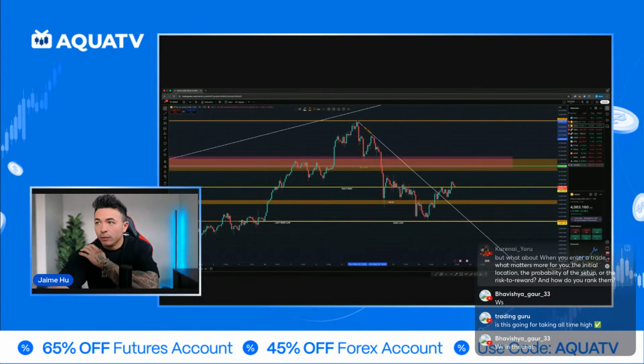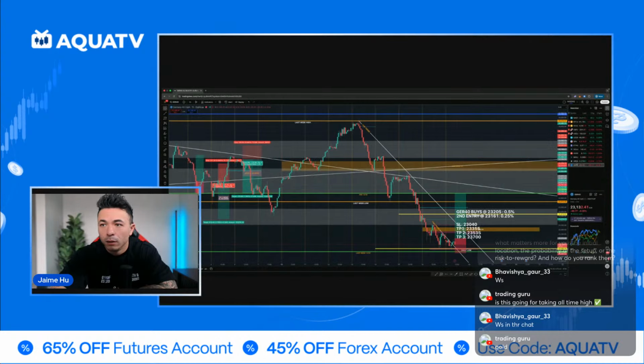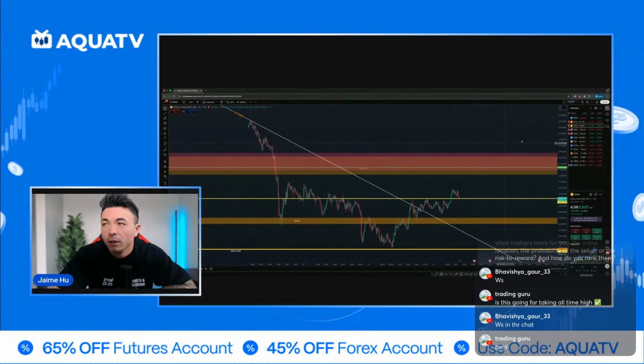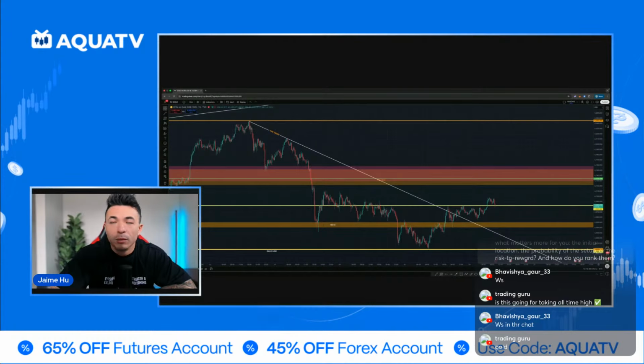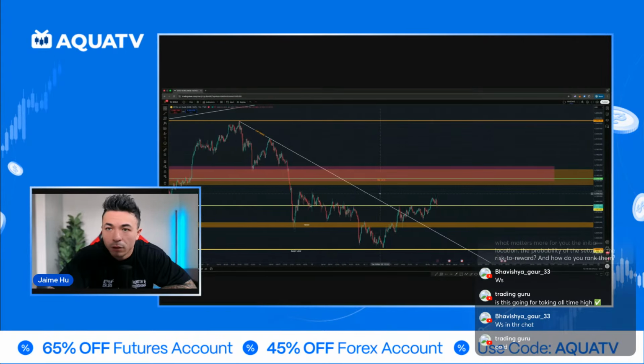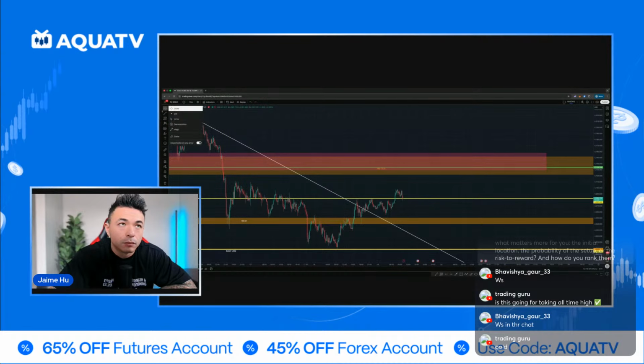Let's check German 40 quickly. So we're just in drawdown at the moment with German 40. With gold, I'm probably looking at price reclaiming 4-1, maybe even higher.